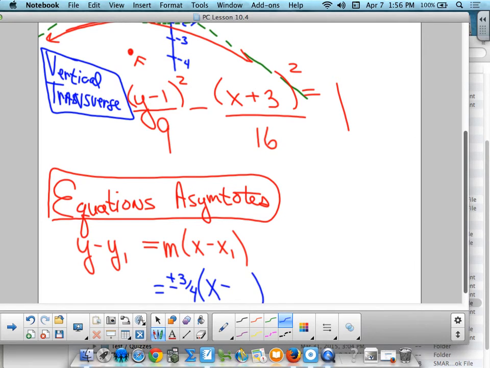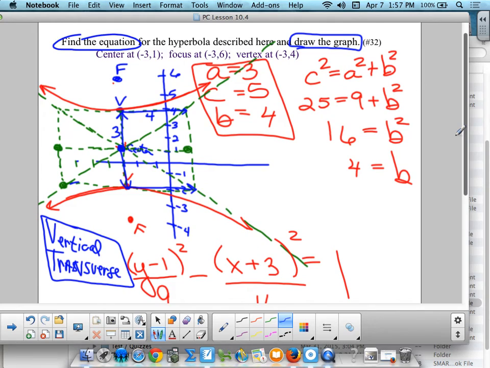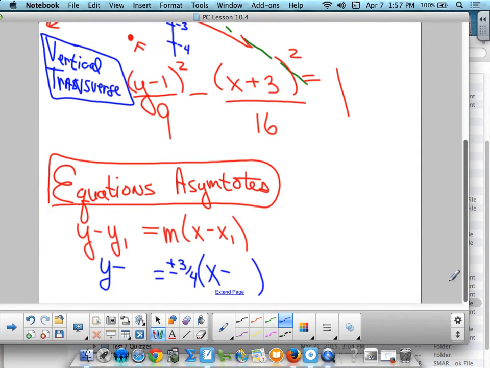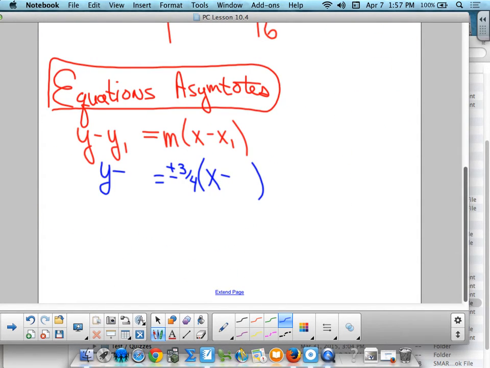X minus, y minus. What are you going to put here and here? A point on your line. Well, what point are we going to use? The center. Why wouldn't we use the center? Look, our lines went right through the center, here and here. So use the center point. That'd be x minus 3. Y minus 1.